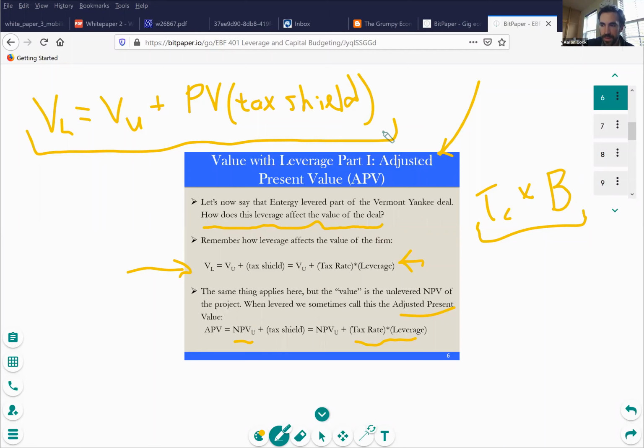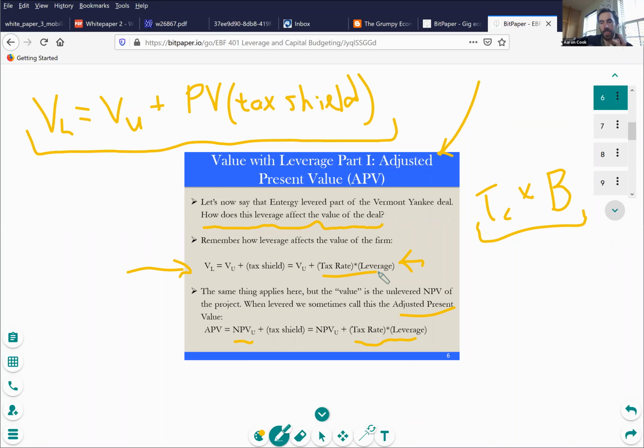The interest payments are deducted from its pre-tax income. And so that pre-tax income is lowered, its overall tax bill is lowered. And so the choice of financing some of itself with debt produces some tax savings, which then has some present value equal to this tax rate times the leverage amount. So that comes out of the material that we had covered last week.